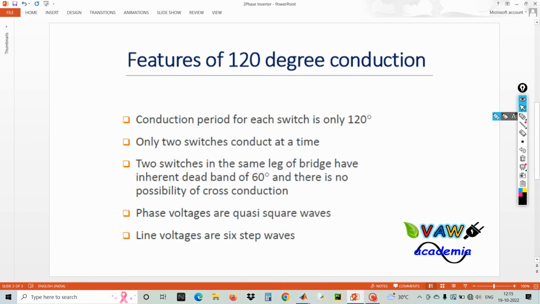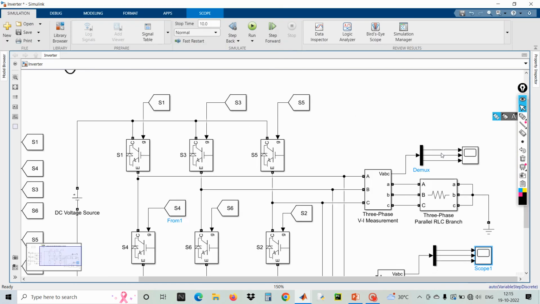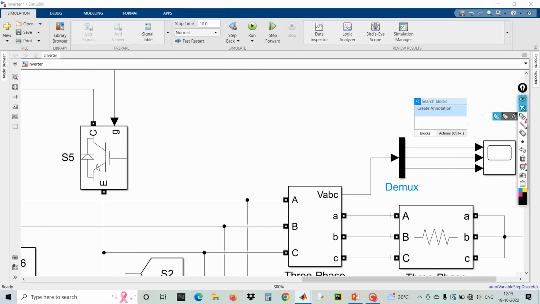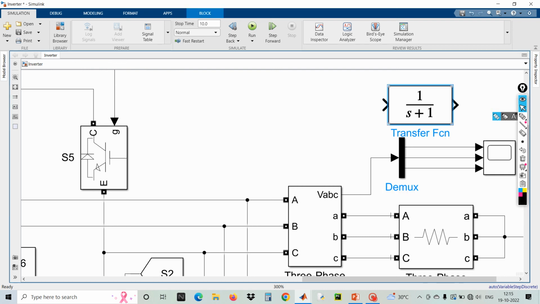Suppose you want to get a pure sinusoidal output, what you can do is add a compensator here. So let me take a transfer function. I'm going to do it for only one phase. That transfer function is nothing but a compensator design.